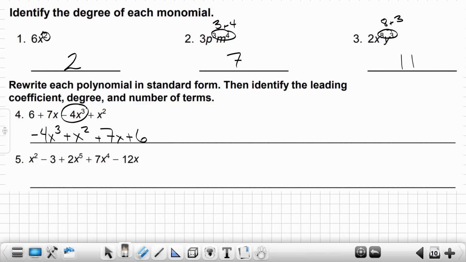Any questions? Seth, you're going to answer the next one, so just be ready for that. Okay? Now, we've got to identify the leading coefficient. Now that we've written it in standard form, what is the front number with sign? -4. The degree, what is the highest degree up there? 3.